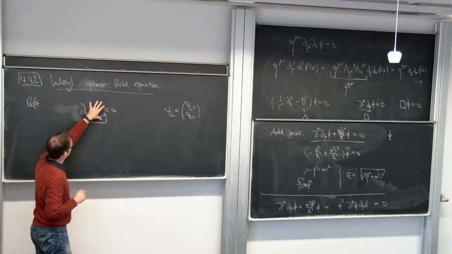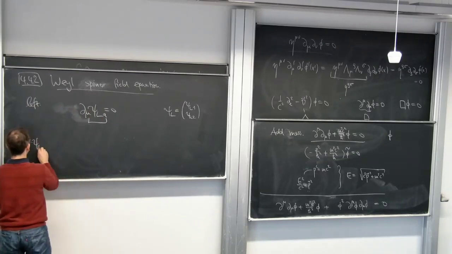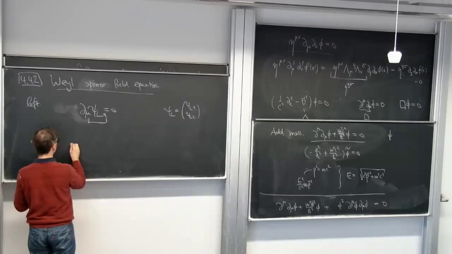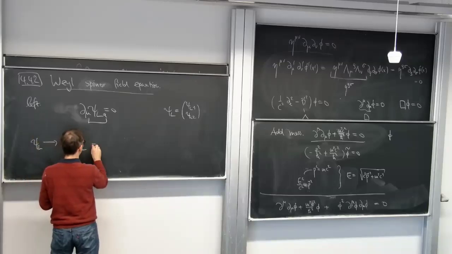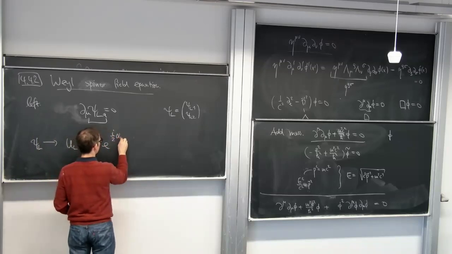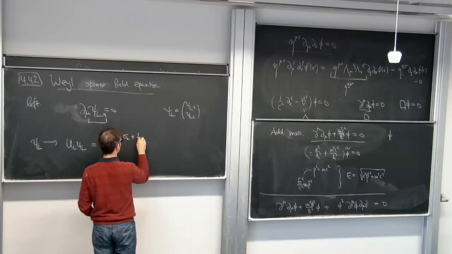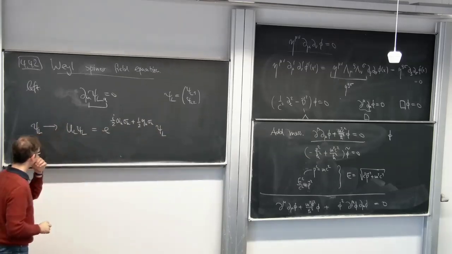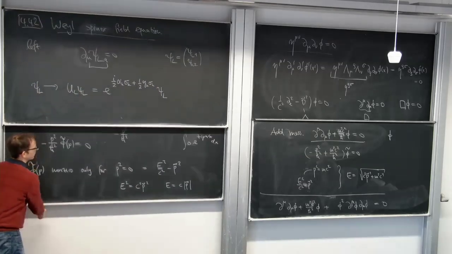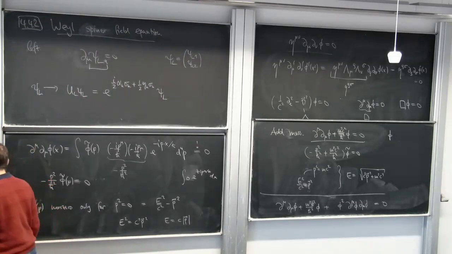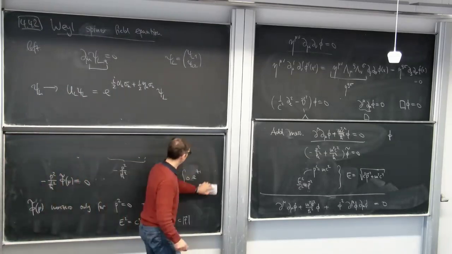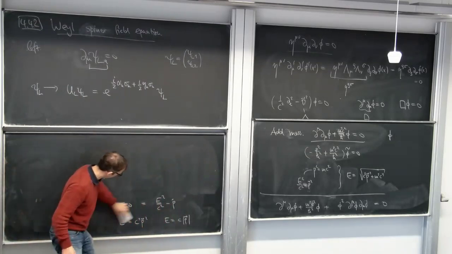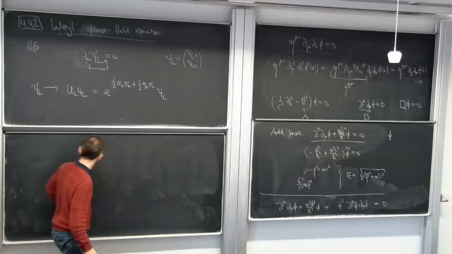We really have to remember how the field transforms. So psi L transformed like this: it was the U_L, that's right, U_L psi L, and then it's e to the i half alpha k sigma k plus 1 half eta k sigma k, acting on psi L. Now, the next few ideas probably feel unmotivated, like where is this coming from?